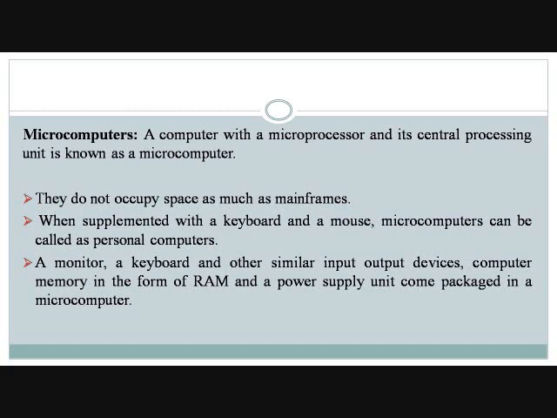Microcomputers. A computer with a microprocessor as its central processing unit is known as a microcomputer. They do not occupy as much space as mainframes, and are supplemented with a keyboard and a mouse. Microcomputers can be called personal computers. A monitor, a keyboard, and other similar input output devices, computer memory in the form of RAM, and a power supply unit come packaged in a microcomputer.